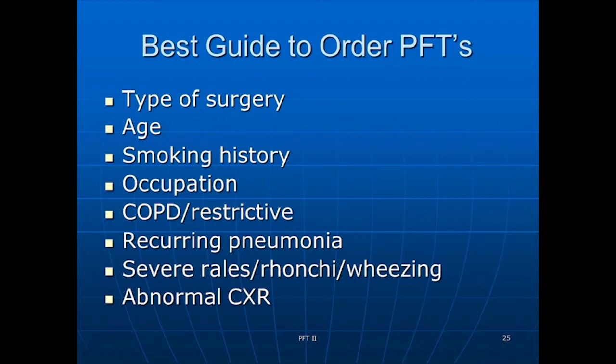Anybody who is known to have severe COPD or restrictive disease. Anybody who has recurrent pneumonias. You hear that they have rales, rhonchi, wheezing. If you're doing your pre-op, these people would benefit from pulmonary function studies. Anybody who has an abnormal chest x-ray, to further delve into why they have an abnormal chest x-ray, pulmonary function studies are indicated.